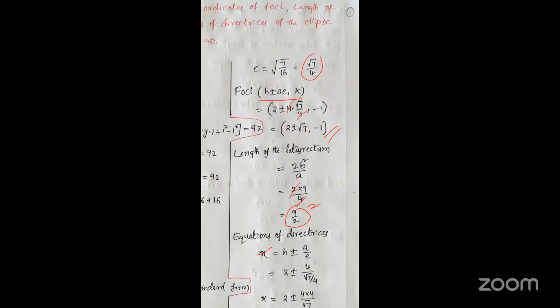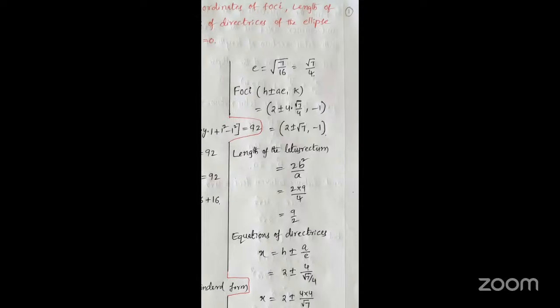The next, equations of directrices. Here the equations of directrices are x equal to h plus or minus a by e, which is equal to h value, that is 2, plus or minus a value 4 by eccentricity root 7 by 4.